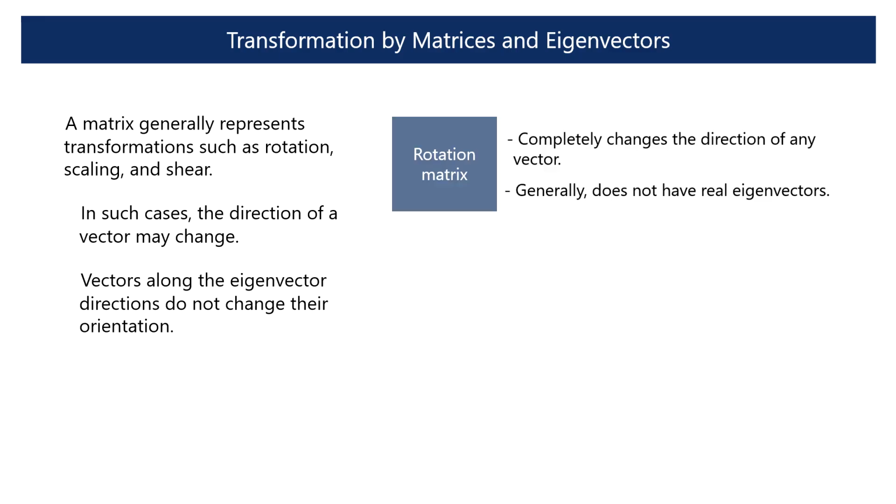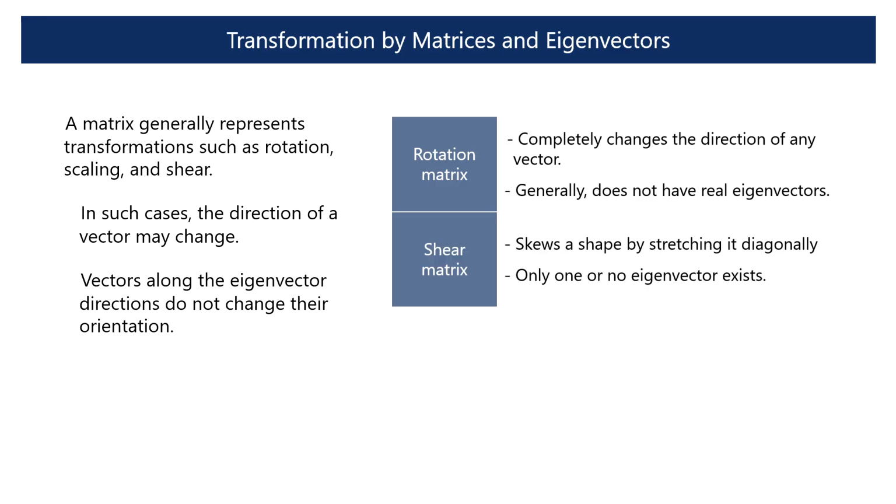A rotation matrix rotates vectors, which means the direction of any vector is completely changed. Therefore, a rotation matrix generally does not have real eigenvectors. A shear matrix skews a shape by stretching it diagonally, so only certain vectors maintain their original direction after transformation.